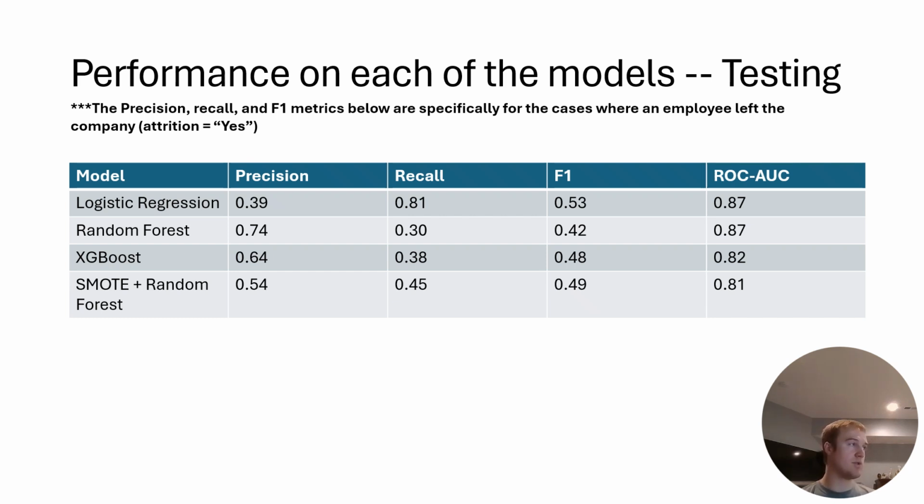And then the gradient boost in the smote plus random forest models, those had the lowest ROC-AUC scores. Their F1, recall, and precision scores were somewhere between that of the logistic regression and the random forest models.